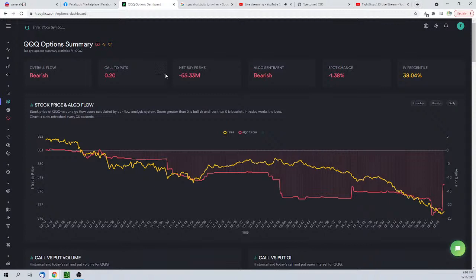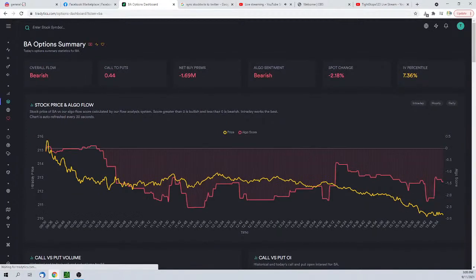The bad thing about TradyTics, which he's working on, is I'd like to have four windows up at a time on one screen and watch four different tickers, because every time I want to check the flow, which I'm going to get into because this is a freaking amazing tool, you have to just change the stocks. But that's okay. He's constantly working, fixing things, and it's a great tool.